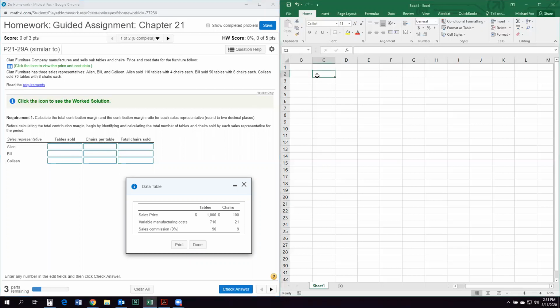So the easiest way for me is to set this up exactly as it is set up in Pearson here. So tables sold, chairs per table, and total chairs. And then the 3 sales reps, Alan, Bill, and Colleen.